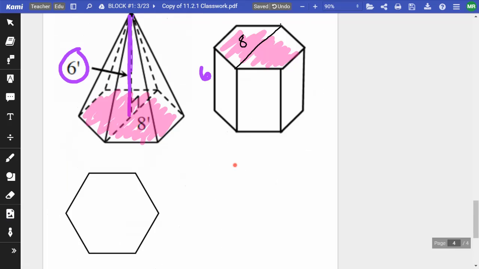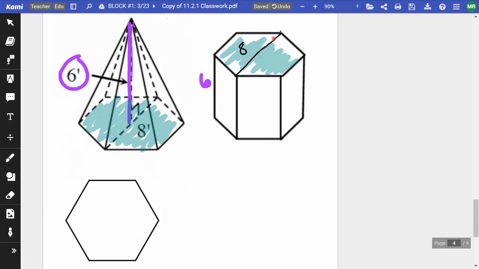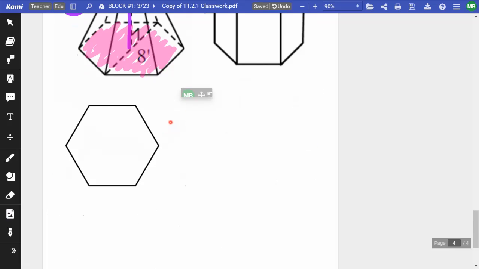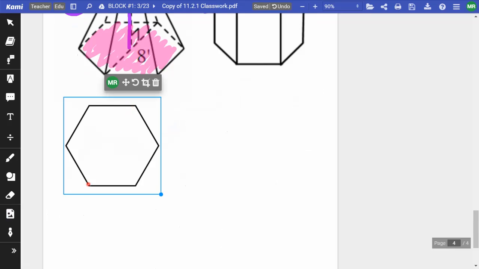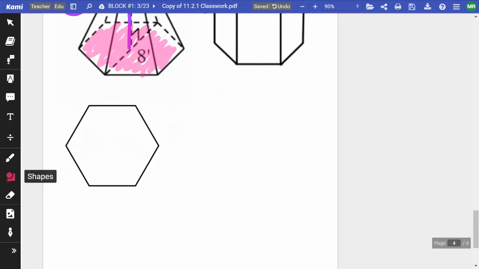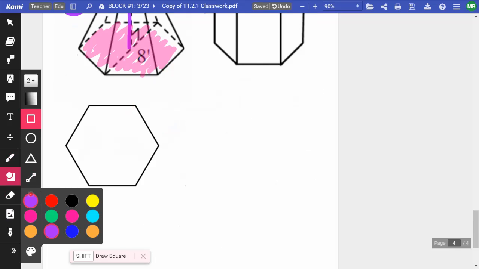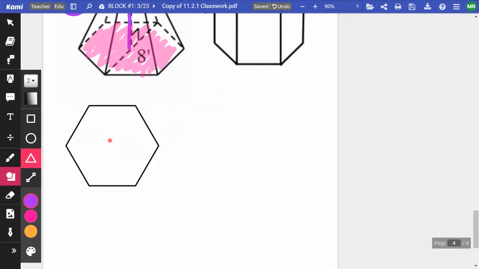So in this hexagon, I know that it's 8 all the way across. So from here to here is 8, which means from my center out, let's see if I can do a triangle. Just going to move it a little bit.